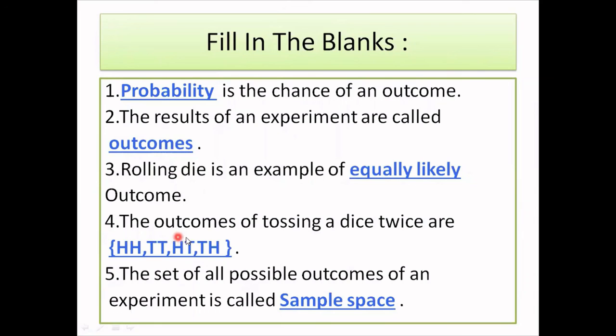Fourth says the outcomes of tossing a coin twice are HH, HT, TH, TT. So this question is a bit similar to the previous eighth question. That question says thrice, but this question says twice. Fifth, a set of all possible outcomes of an experiment is called sample space.